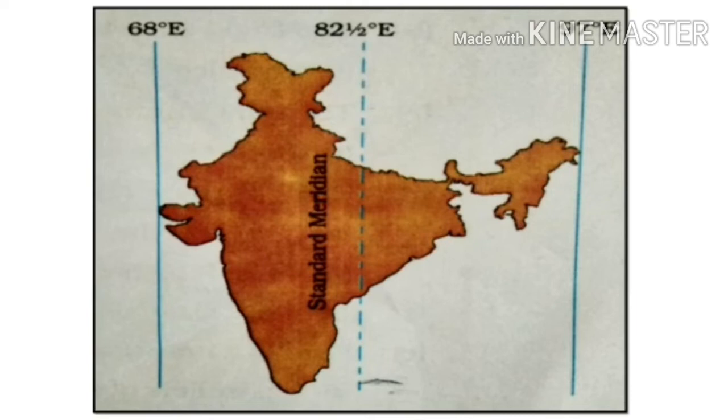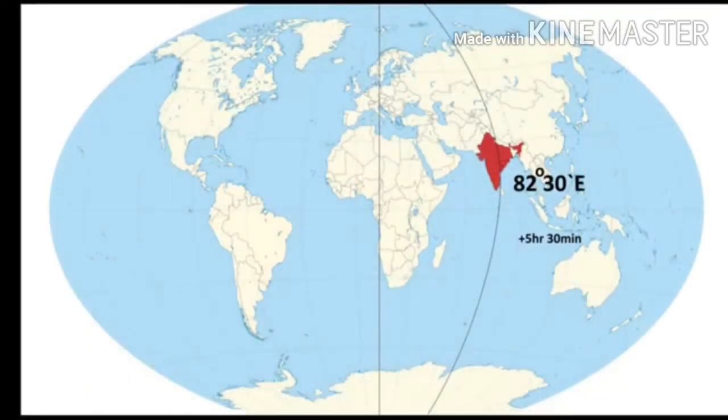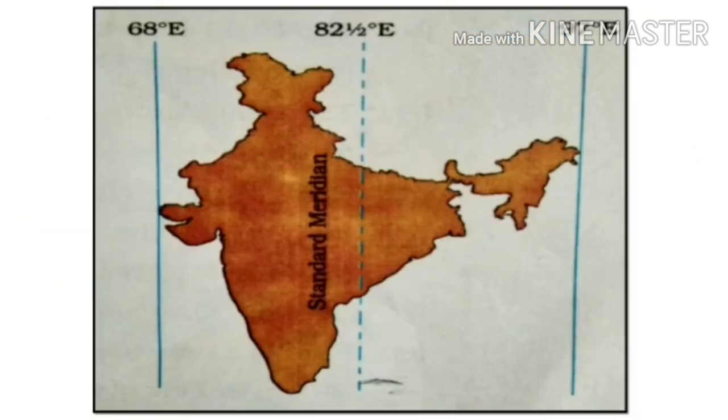Yes, you see this map, this picture you see, our India is lying in the east side, right? In the east side of the globe, we can say in the east longitude. And it is between 68-degree longitude and 97-degree longitude, right?